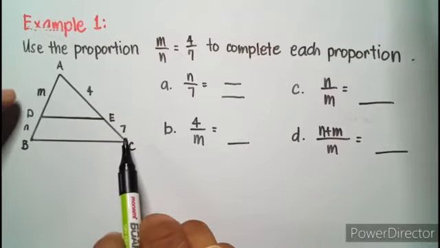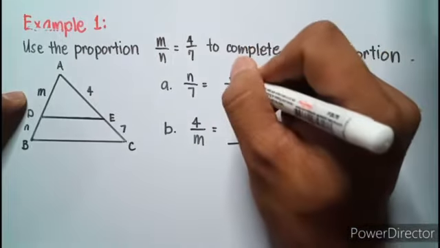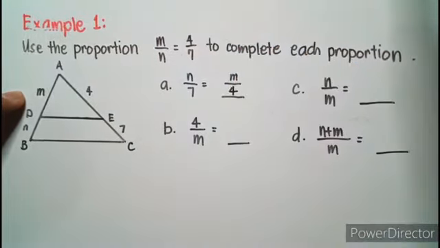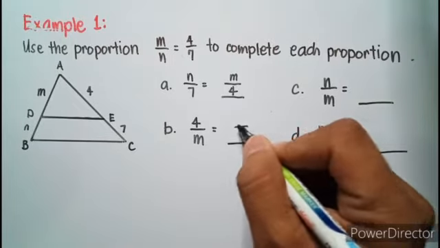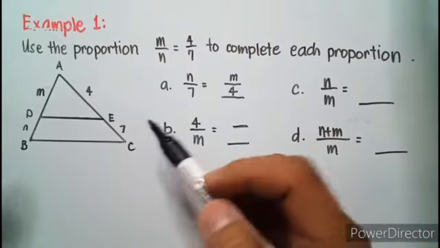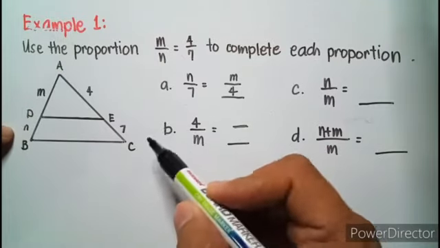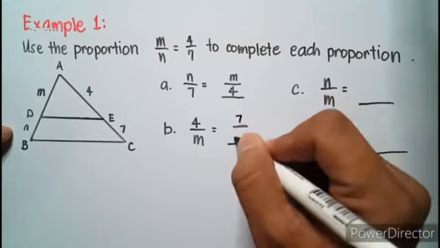So its counterpart in the proportion will be m over 4. So, that is m over 4. Then, letter B. Our proportion is 4 over m. So, below, its proportion is 7 over n.